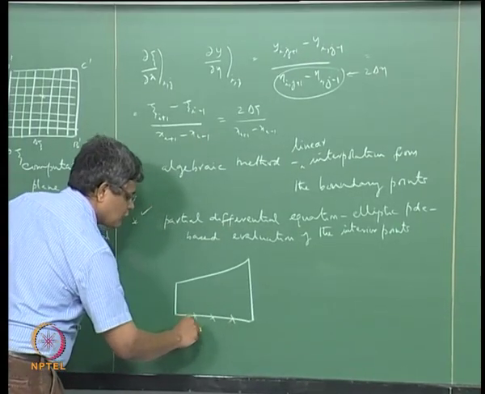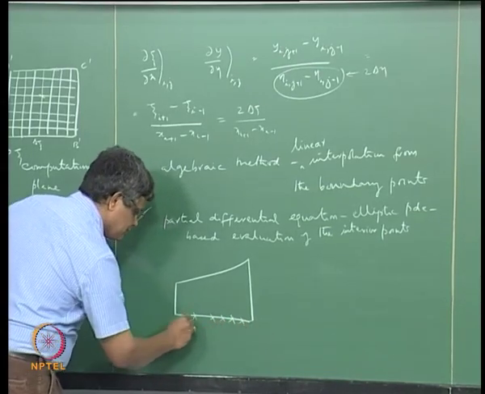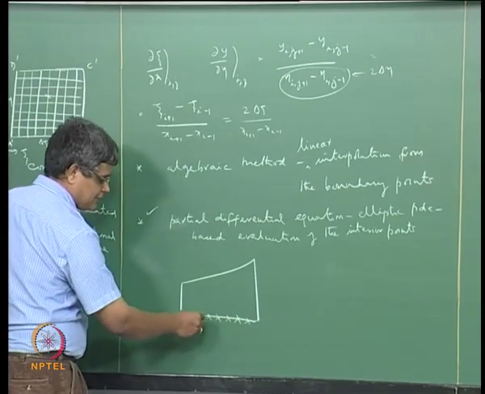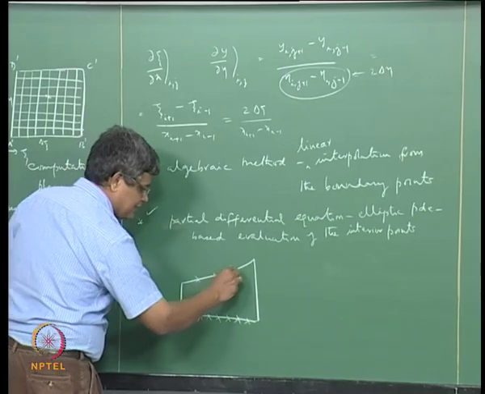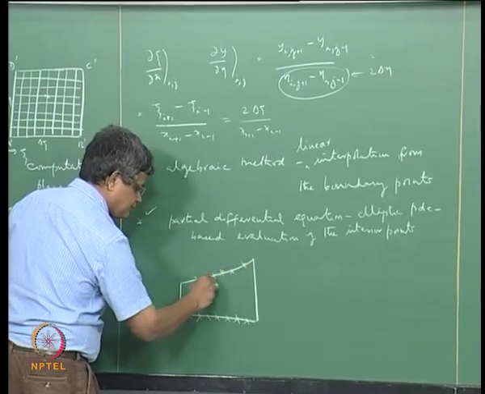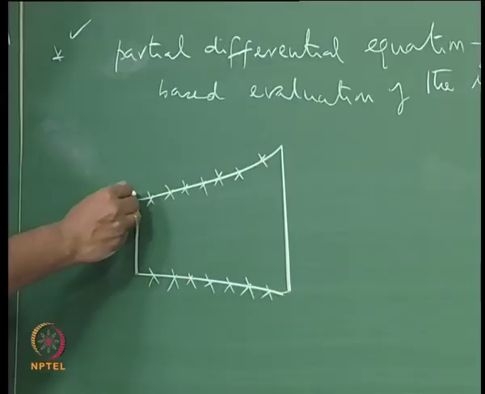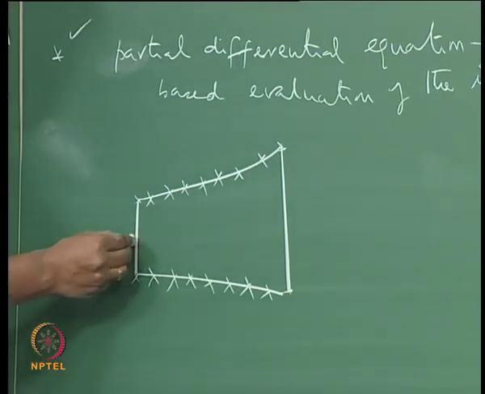Anyway, this is coming from the computational plane, and we choose to fix them wherever we want. So the first thing is to do the boundary discretization into equal number of points on opposite sides, and similarly here.